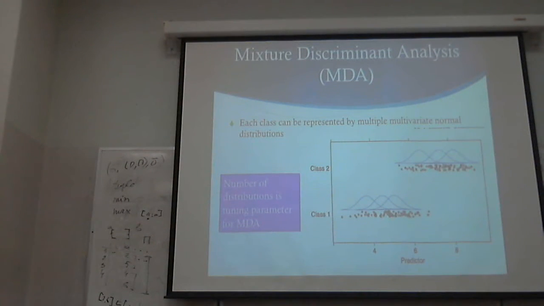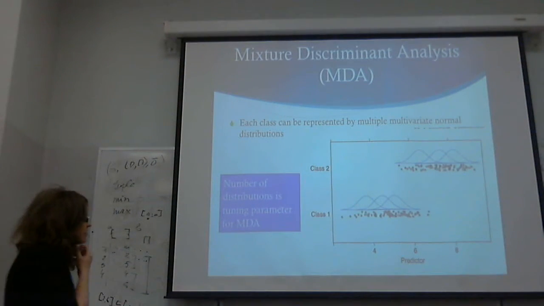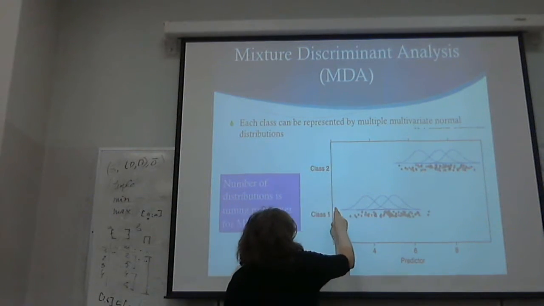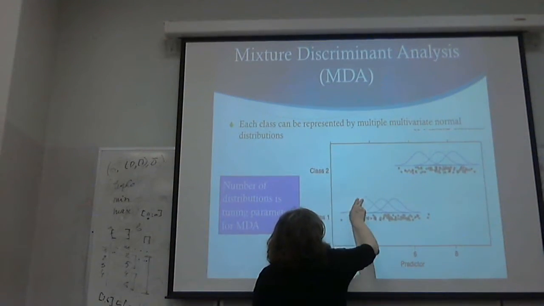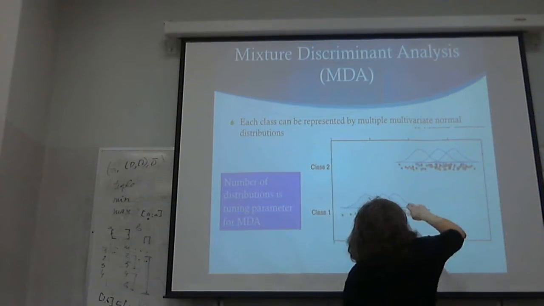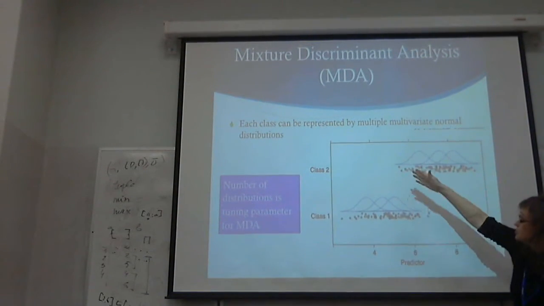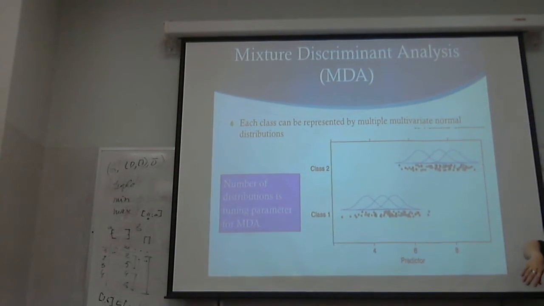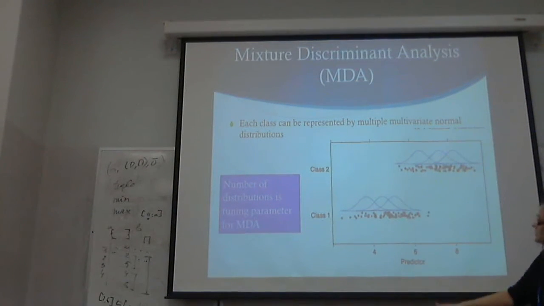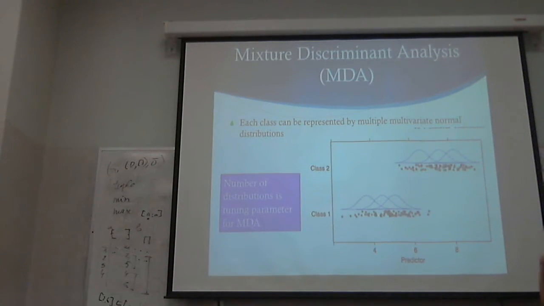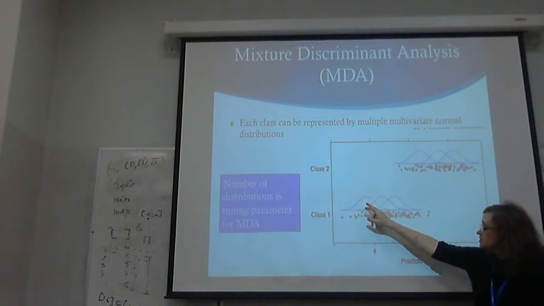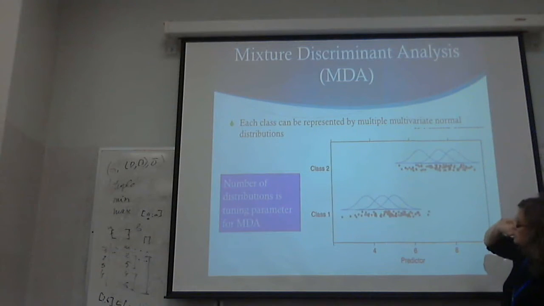Remember, in linear discriminant analysis, we approximated the data by a normal distribution. Here is one normal distribution, here is another, we said that the means are different, then we plot the boundary and calculate probabilities given the normal distributions. Here we have not just one but multiple normal distributions.